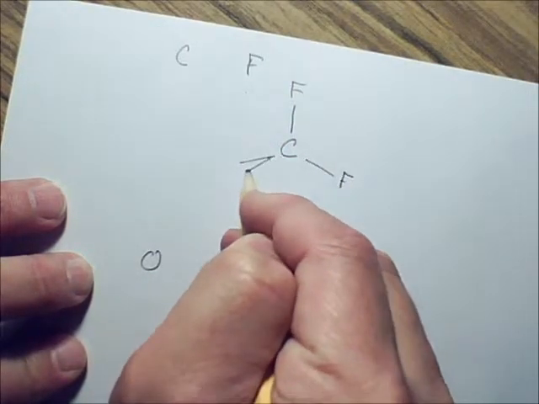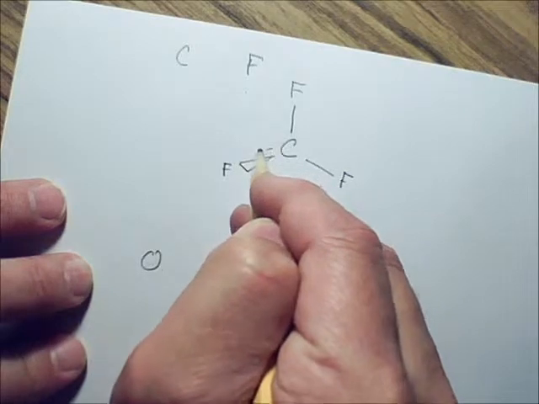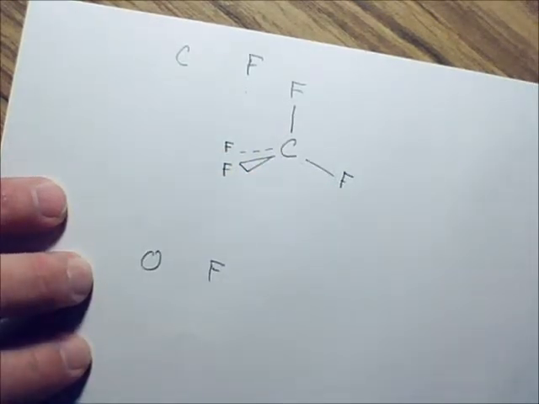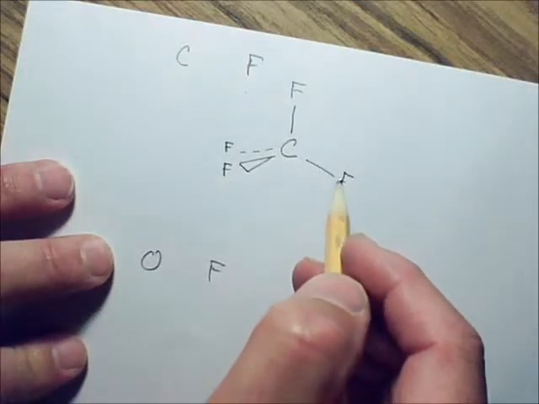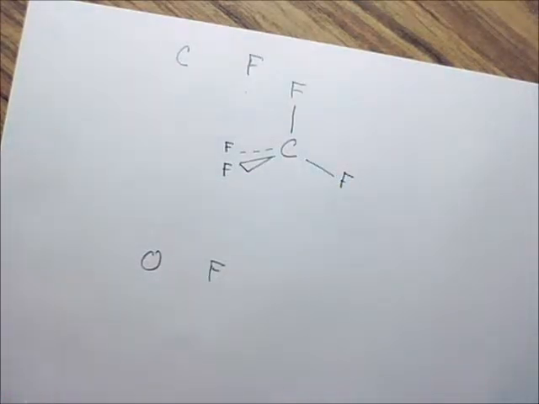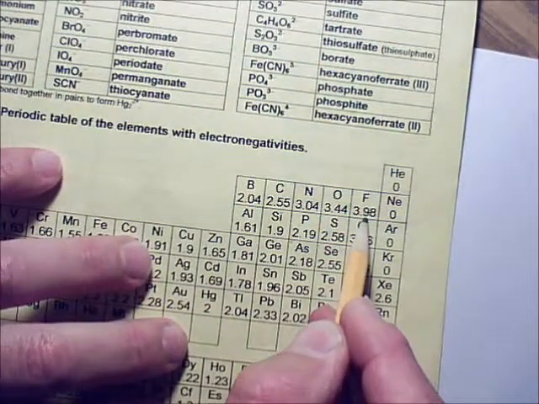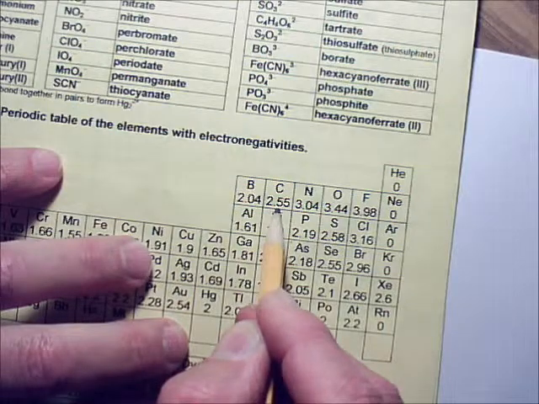All right, when you build the molecule correctly, you get a tetrahedral shape. Okay? This is a tetrahedral. Let's look at the polarity then for a minute. If you get out your periodic table with electronegativities, we can find the electronegativity of fluorine and carbon.